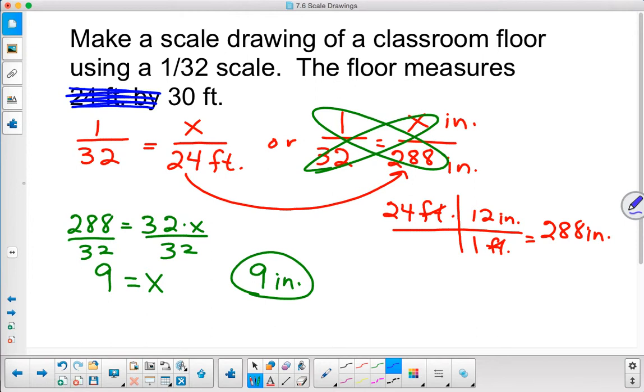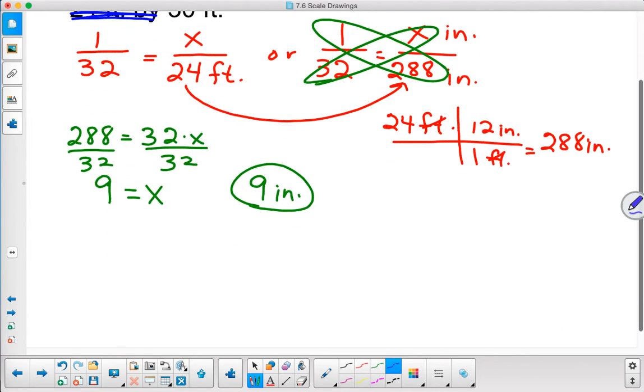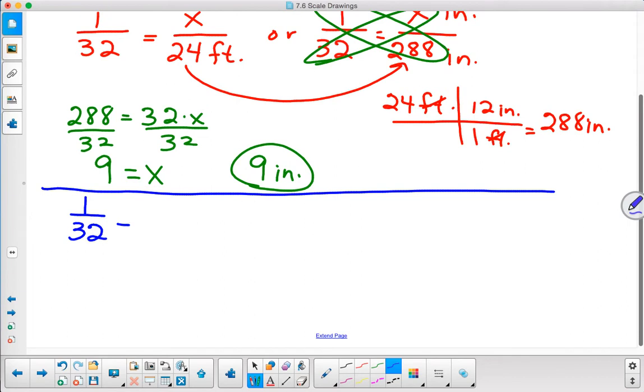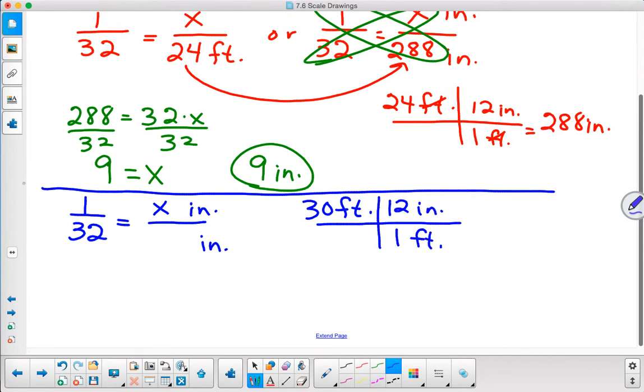We're going to convert it into inches and then set it up in our proportion to solve. 30 feet. 1/32, that's the scale, is how many inches over, okay, I want 30 feet in inches. Well, it looks like I would just multiply 12 times 30, so 360 inches. That's what I'm going to use instead of 30 feet.